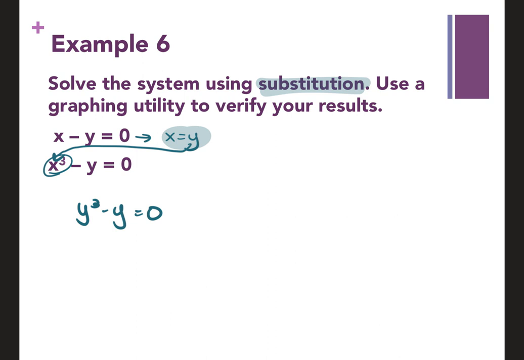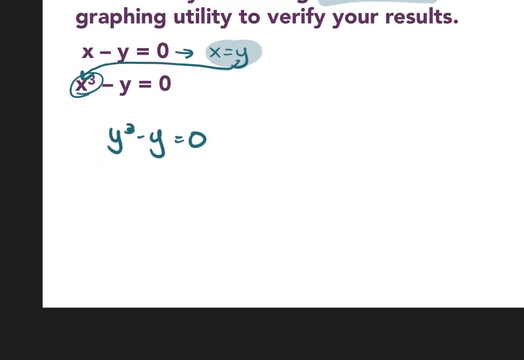So what do I do when I have to solve and there's something squared or cubed? Factor. What can you take out? A y. So I take out a y and I get y squared minus 1 equals 0. Is that factored completely? Nope. What else can get factored? Good. Y squared minus 1 is a difference of two squares. So this becomes y times y plus 1 times y minus 1.